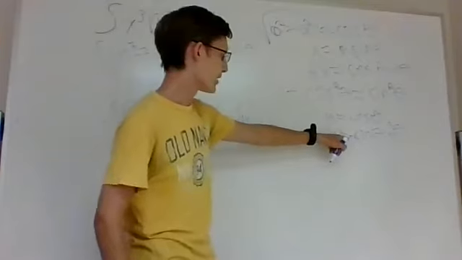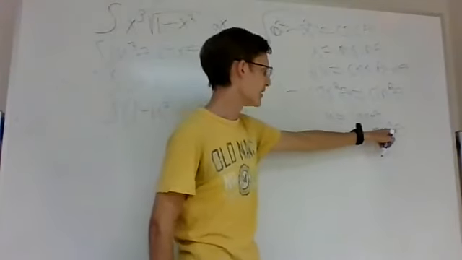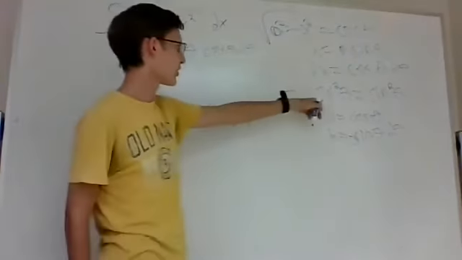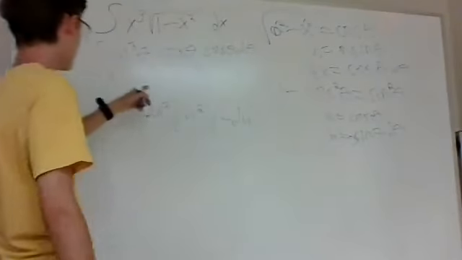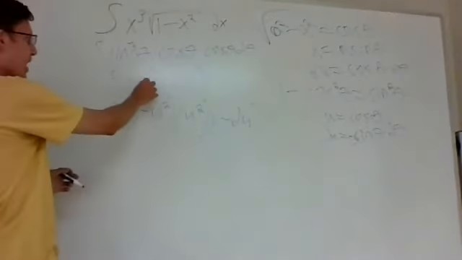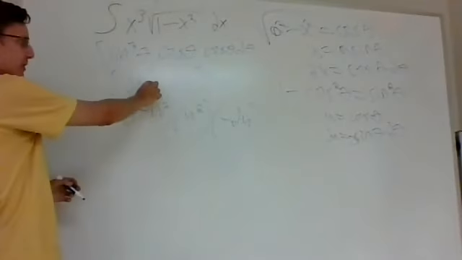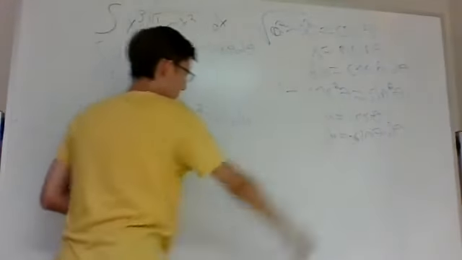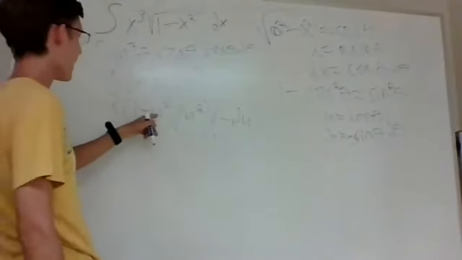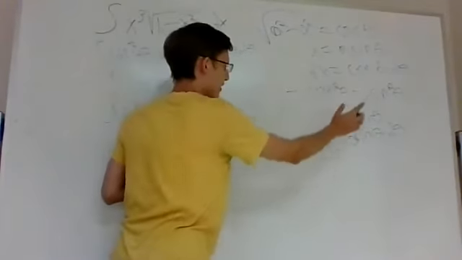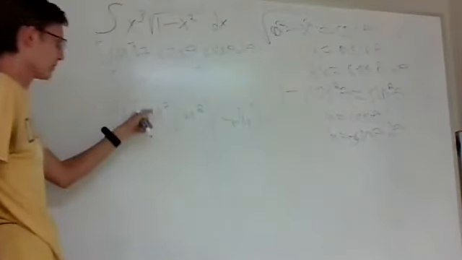This negative was taken from the negative sine theta d theta and put into the du. This trigonometric identity was put into the sine squared theta, and the sine theta that's left over was combined with the d theta to get this substitution.